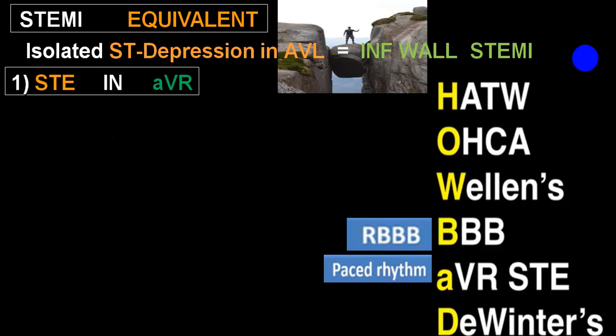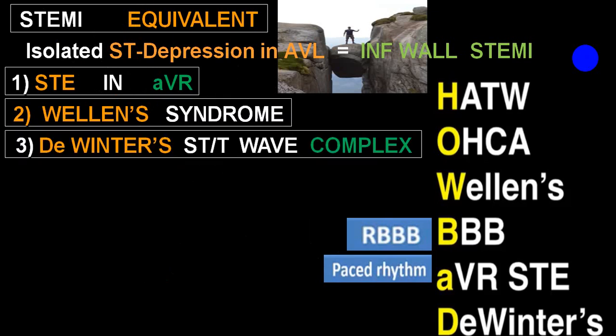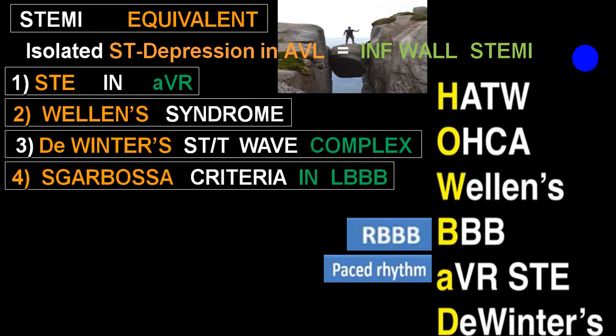So the first very dangerous one is ST elevation in aVR, Wellens sign, de Winter signs, then bundle branch block, whether it is LBBB, RBBB or paced rhythm, you use Sgarbossa criteria or modified Smith-Sgarbossa criteria.